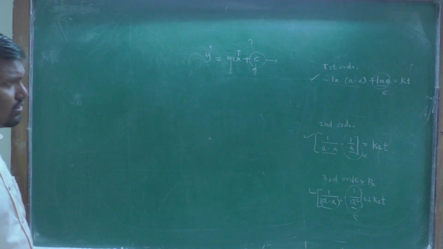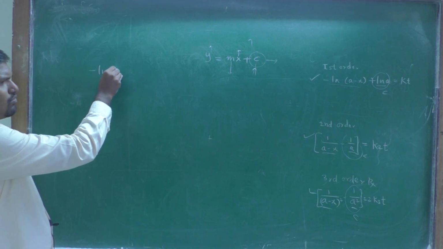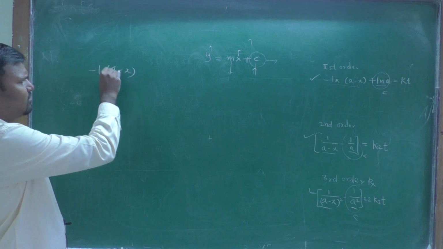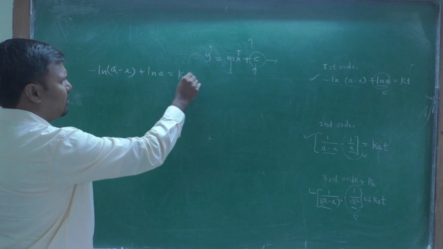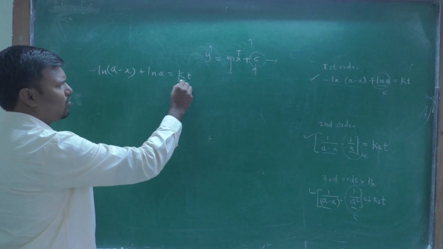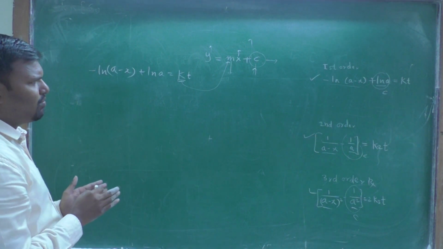Now we will discuss the first order reaction. For the first order reaction we have the equation ln(A minus x) plus ln A equals kt. This quantity must be in the place of slope.